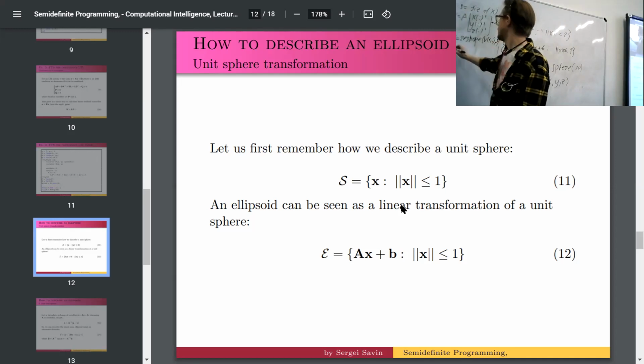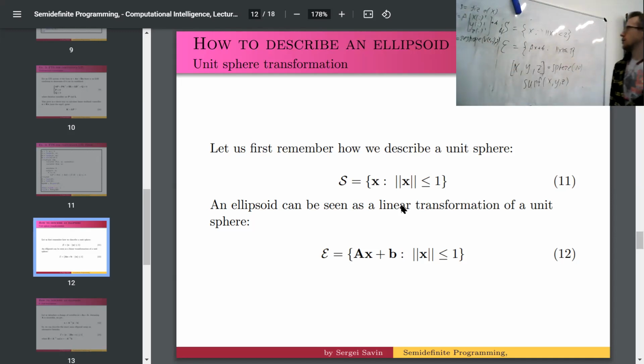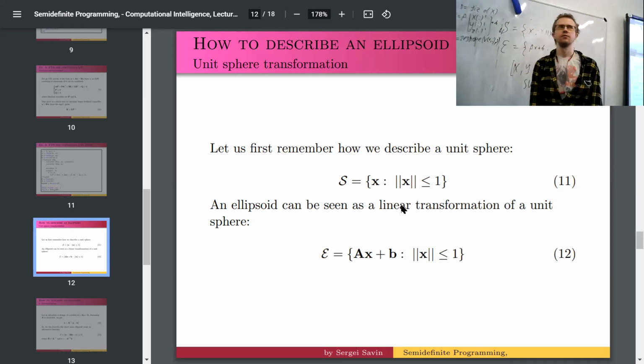And the same here: for Y it would be 2, for Z it would be 3. That's how you can do it without a formula. Much more elegant.